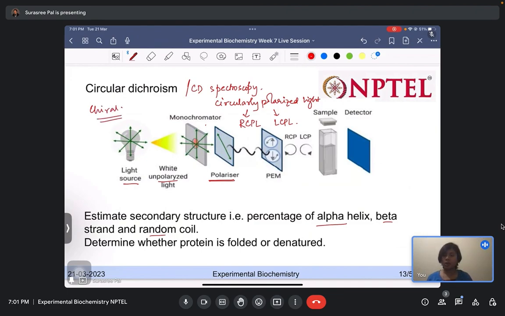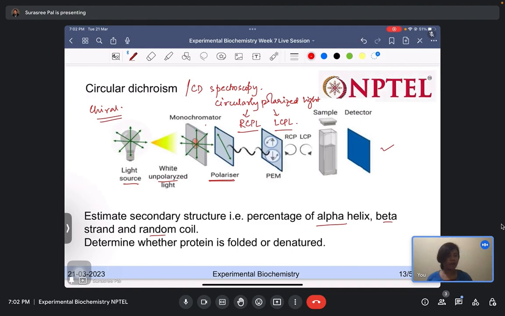For a chiral molecule, there will be a preference for absorption of either right or left circularly polarized light. So either it will absorb right circularly polarized light more or left circularly polarized light more. This difference in absorption of the RCP and the LCP can be detected by the detector.